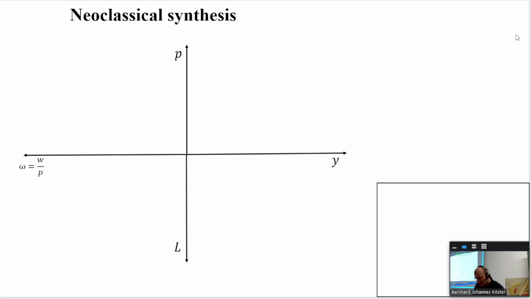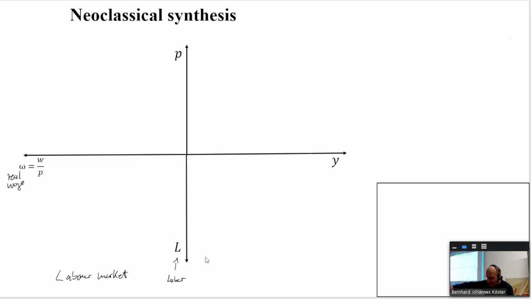For this, we just look at the down left side at the labor market. Because here, this is real wage, and this is labor.